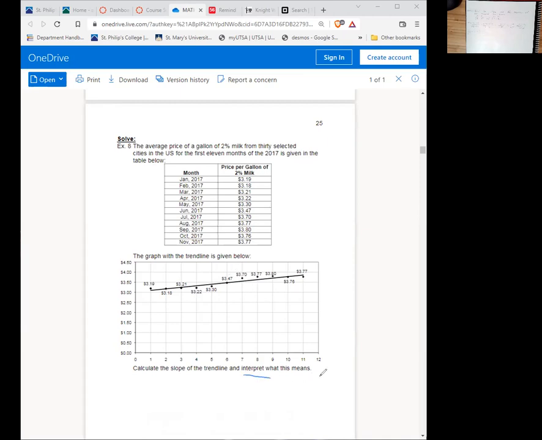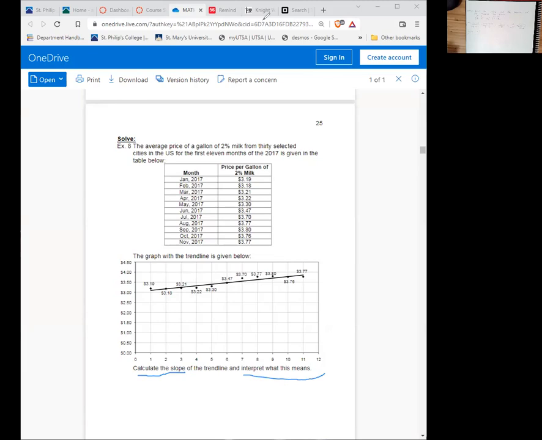Well, they want us to interpret it once we calculate it, but you can kind of see it. Right, you see how it's increasing, right? On average. Yeah, so it's going to be positive because it's increasing.